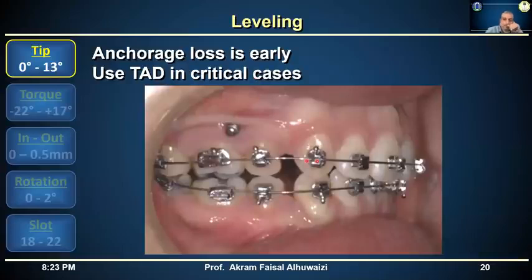So in sensitive cases, when you really don't want to lose anchorage, sometimes it's preferable to add a TAD very early in treatment and just ligate this canine so that the canine crown cannot move mesially. By this, you control the amount of loss of anchorage, because in a lot of cases you lose anchorage because of the mesial tipping of the canine and the anterior teeth very early in treatment.